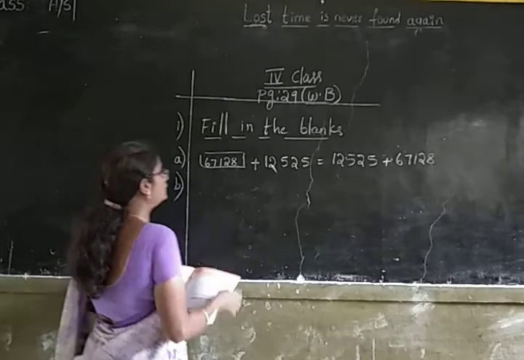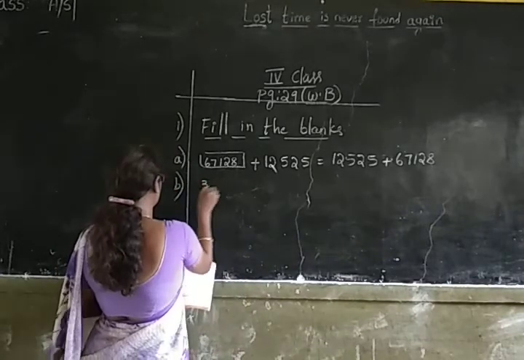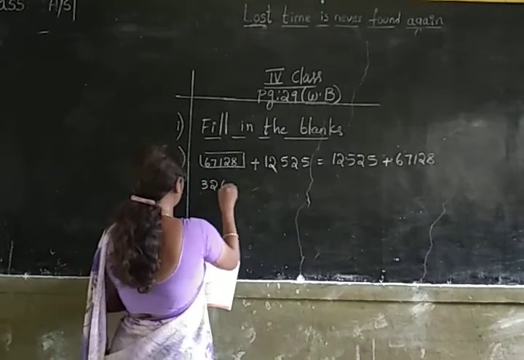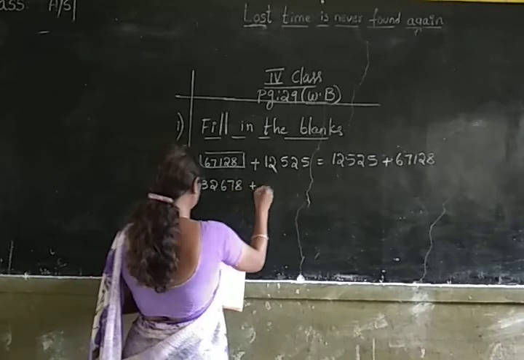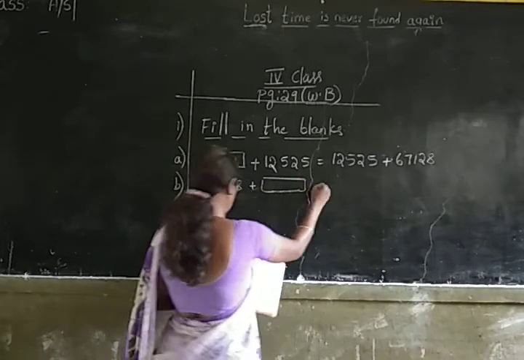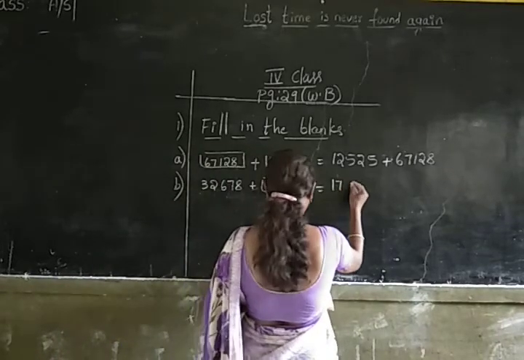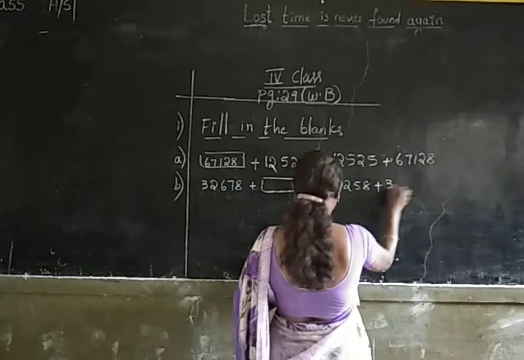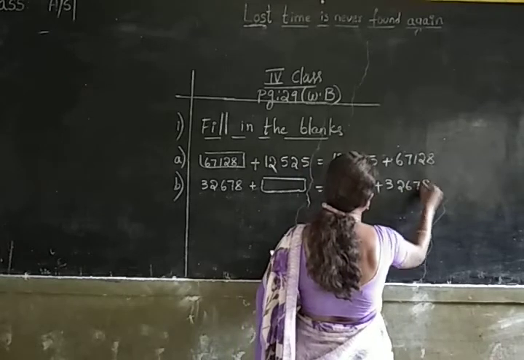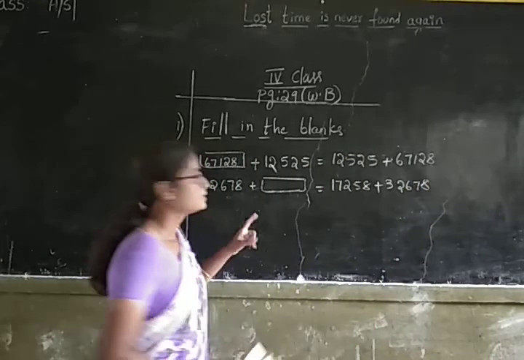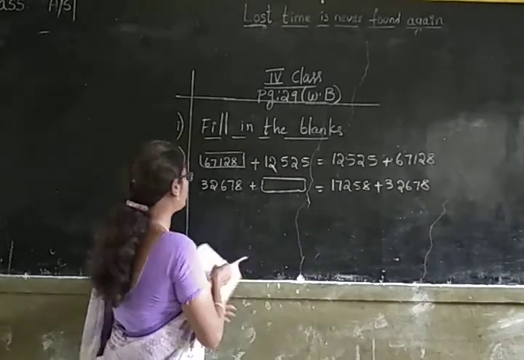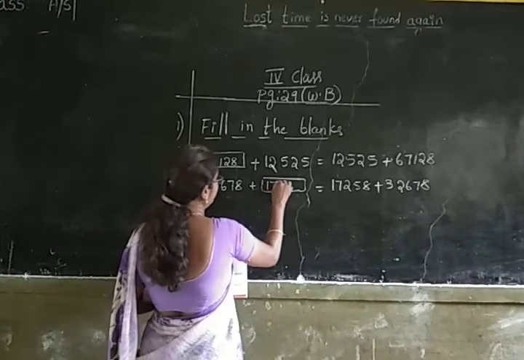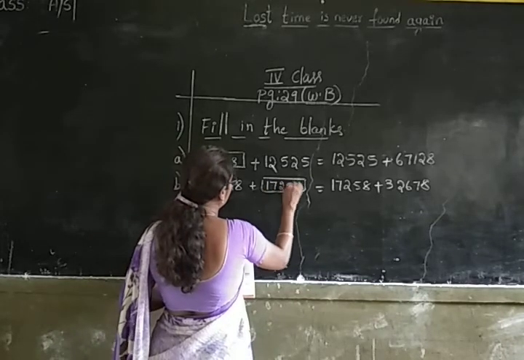Now let us do the B sum. 32,678 plus box is equal to 17,258 plus 32,678. So according to the commutative property of addition, here we have to write 17,258.